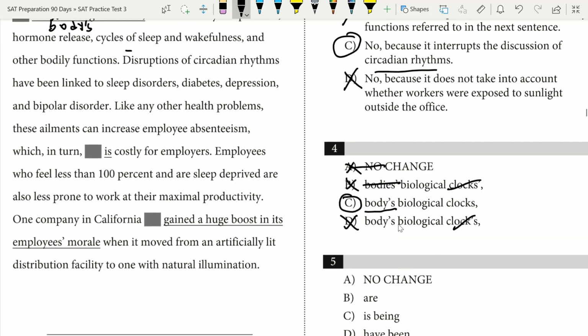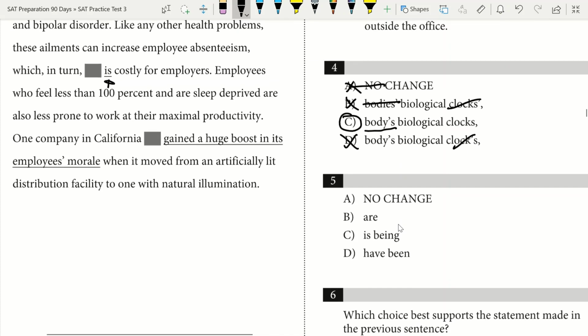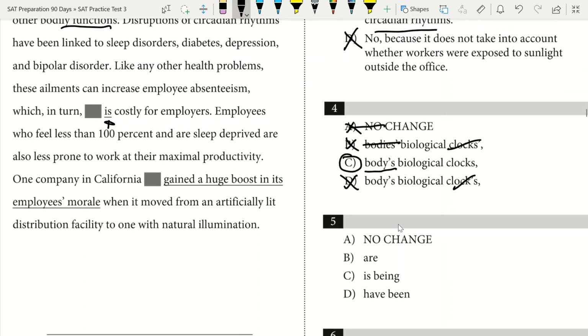All right, so we have "cycles of sleep and wakefulness, other bodily functions. Disruptions of circadian rhythms have been linked to sleep disorders, diabetes, depression, and bipolar disorder. Like any other health problems, these ailments can increase employee absenteeism, which in turn is costly for employers." Okay, so this one's really just understanding what this is referring to. So maintaining subject-verb agreement, right? What is our verb?